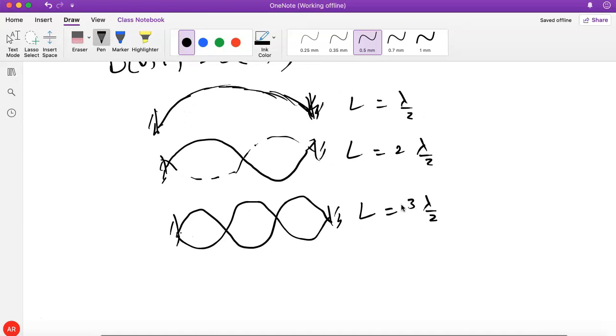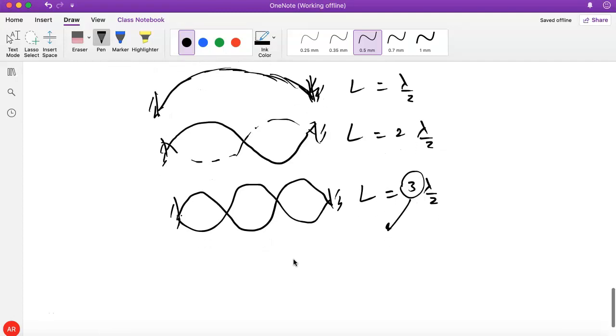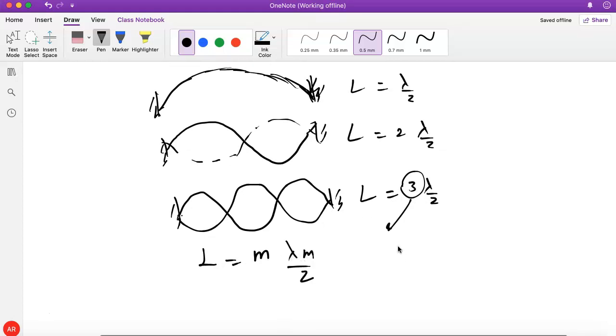So this number labels the allowed wavelength, right? So in general, we can say L is m times lambda m over 2.